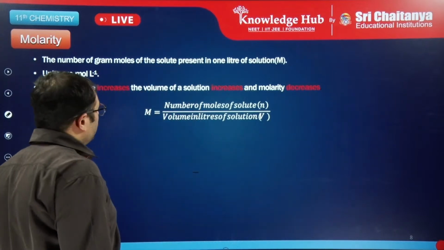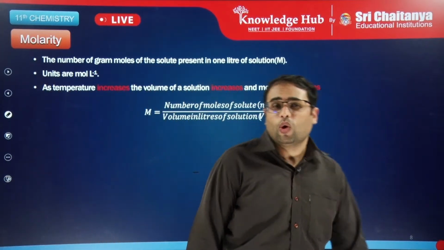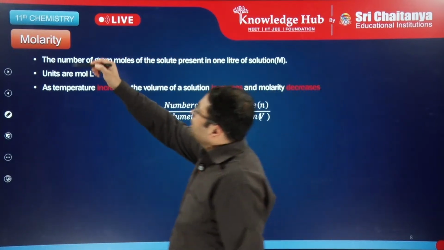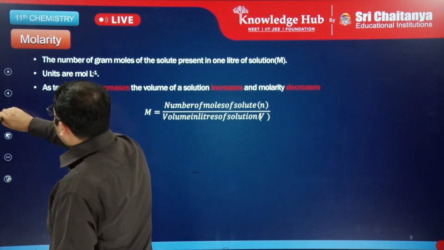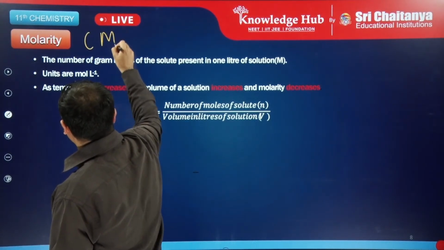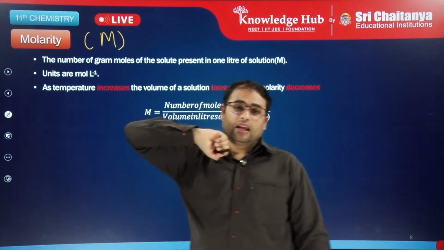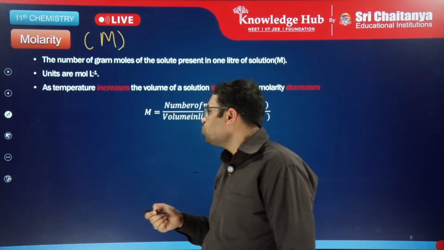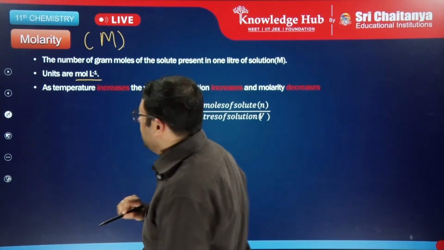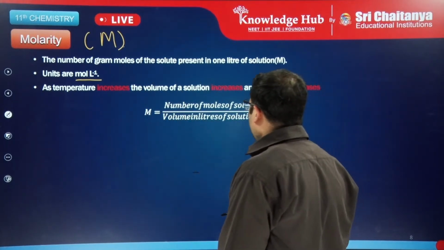Moving forward to molarity. Now this is the most widely used unit, molarity. The symbol for this is capital M. Yes, remember capital M, molarity. Units are moles per liter.